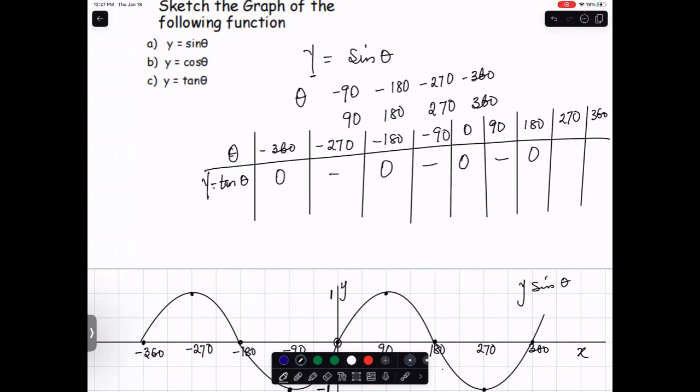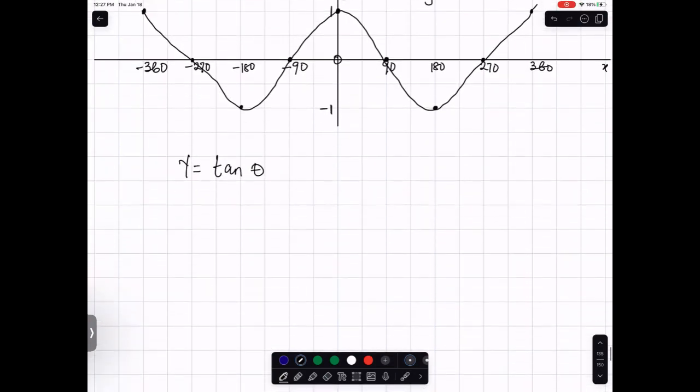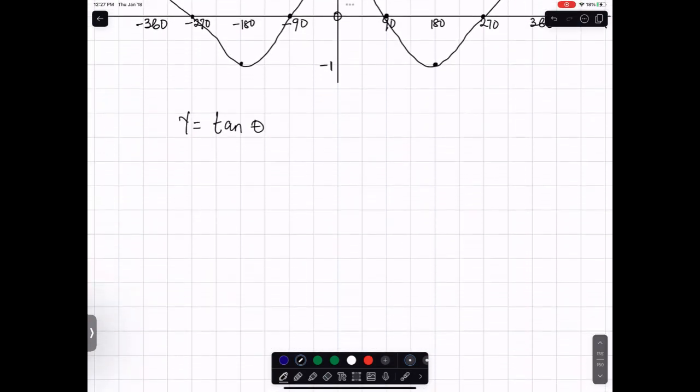We have tan 270, which is a math error. Then we have tan 360, which is 0. So same thing, I'm going to use my table of values to plot my tan graph.